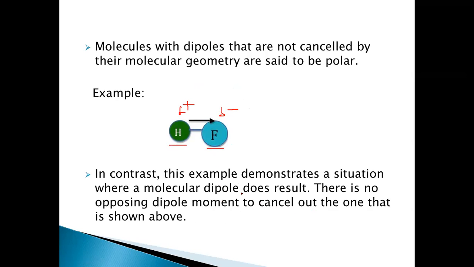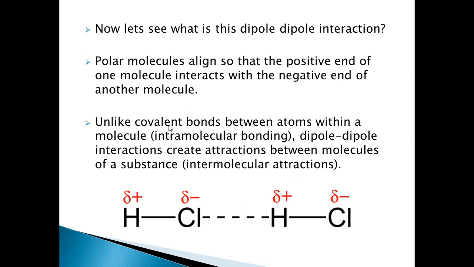So the molecule has a dipole, because there is no opposing dipole moment to cancel each other. So this particular example is said to be polar here. But the other example which we have seen, that is CO2, is not polar because there is a cancellation of the dipole moment, where the net dipole moment is zero.